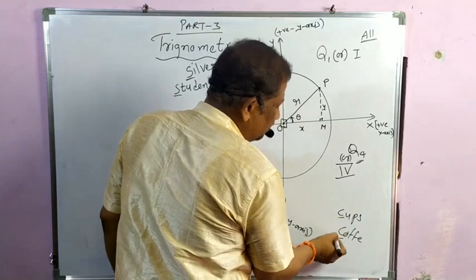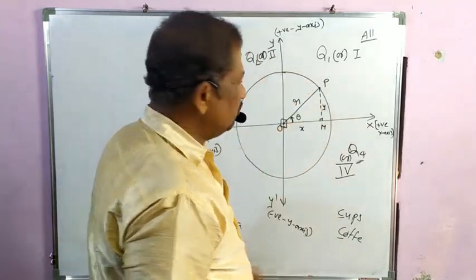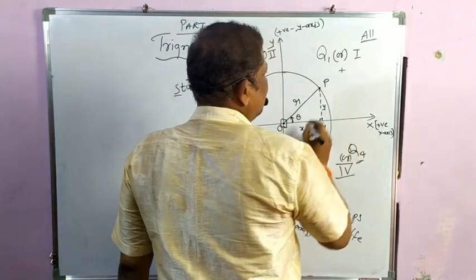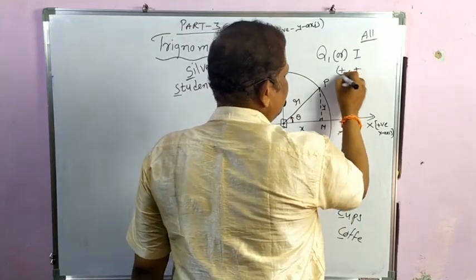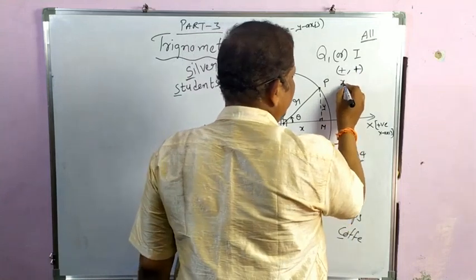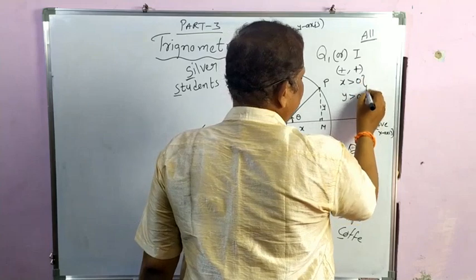All means all trigonometric ratios in the first quadrant are positive, because the x-axis gives a positive value and the y-axis also gives a positive value. So x is greater than 0, y also greater than 0.